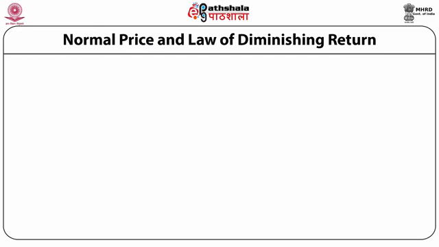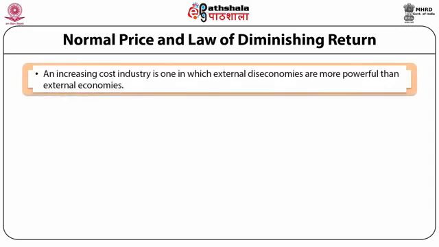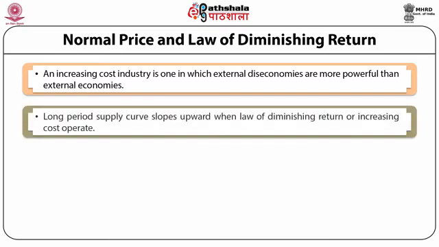Normal price and law of diminishing return. It is also known as the law of increasing cost. An increasing cost industry is one in which external diseconomies are more powerful than external economies. The long period supply curve slopes upward when the law of diminishing return or law of increasing cost operates.